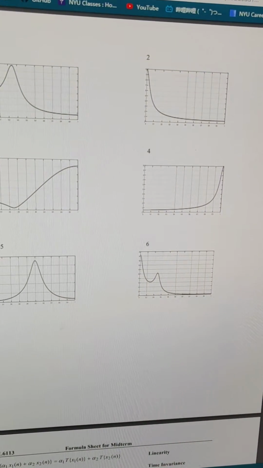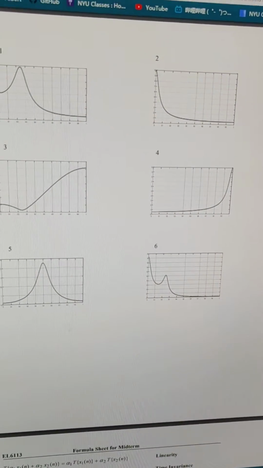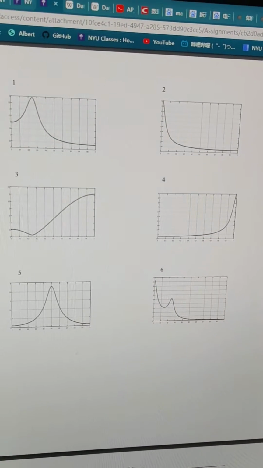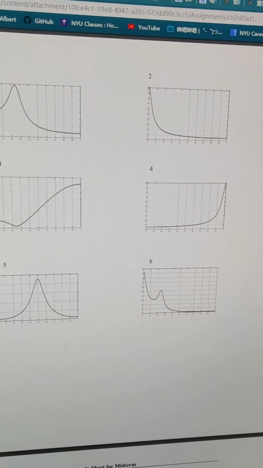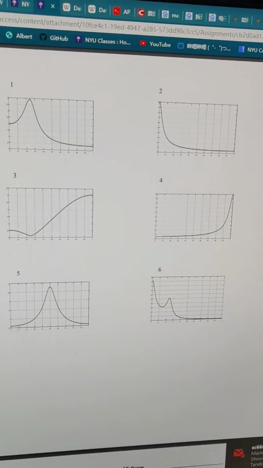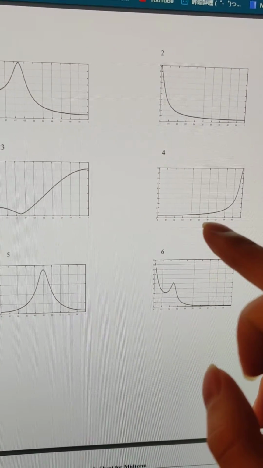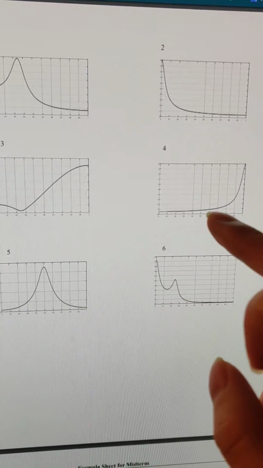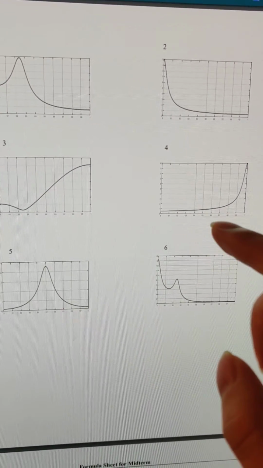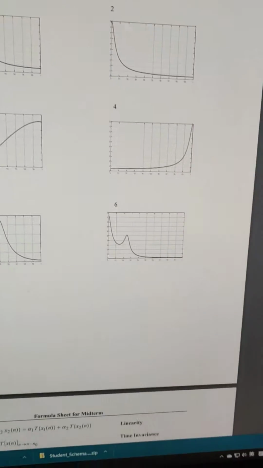We can look at the frequency response. So high pass and first order, so we can find that this pole zero diagram matches with the frequency response 4.